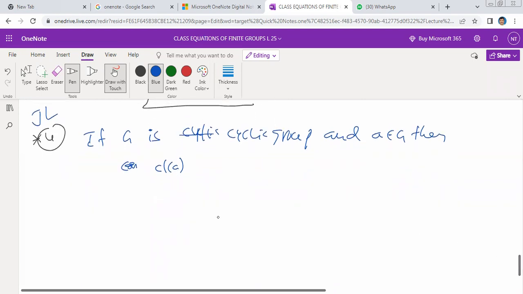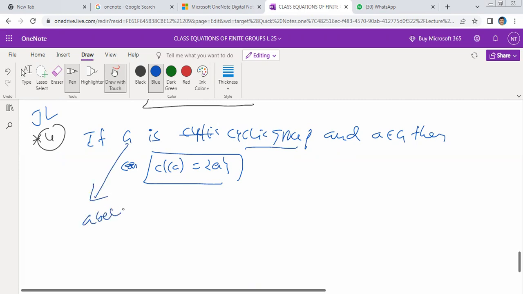G is a cyclic group, then the conjugate class of A is the singleton set A. Simple answer, because every cyclic group is an abelian group. Automatically, because this cyclic group is abelian, the conjugate class of A is nothing but the singleton set A.